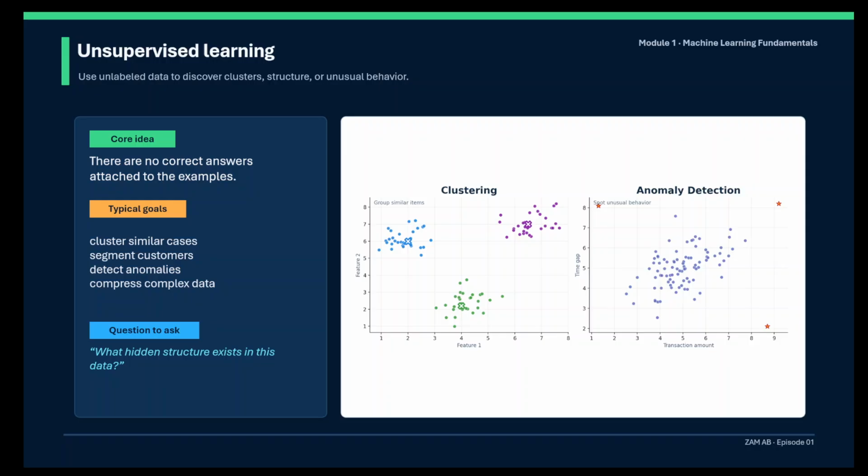Unsupervised learning. Now we have a different type, which is unsupervised. There are no correct answers. There's no labeled data in this. Typically, what happens in this type of machine learning is that similar cases are clustered together.